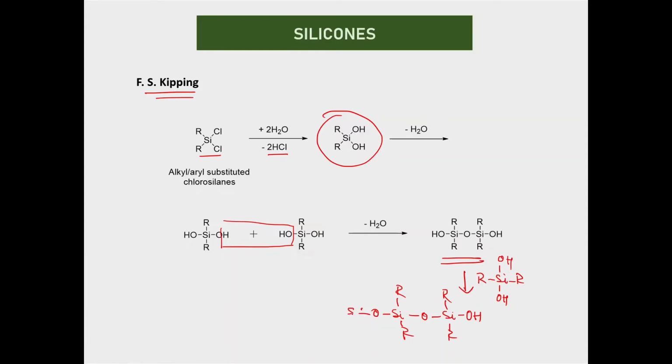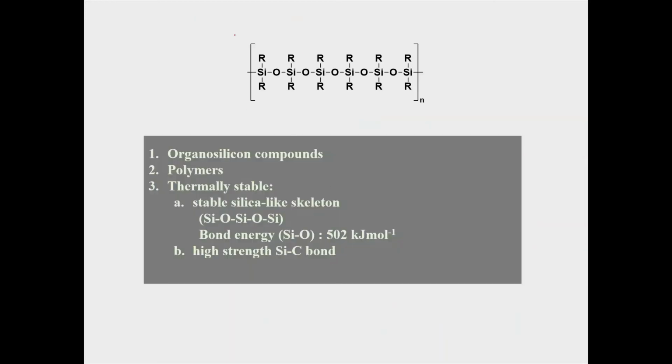So here one more is Si R R OH. Like this, if we keep on adding n number of R2Si(OH)2, then we can get silicones. So this is known as silicones.